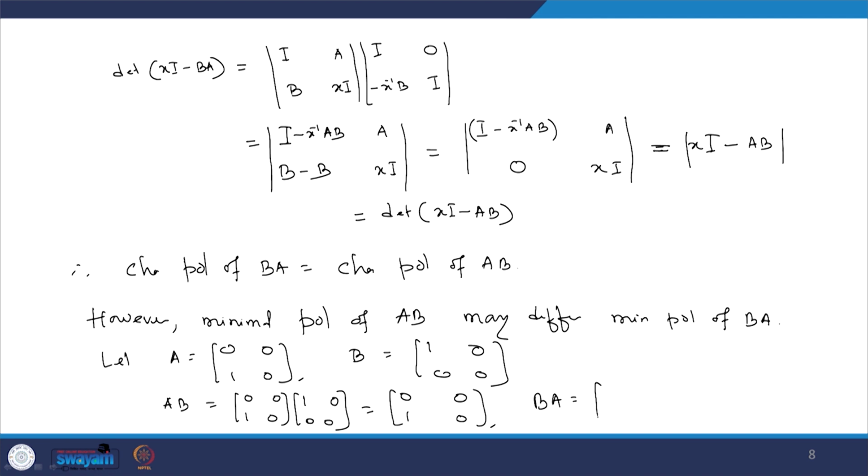BA equal to [1 0; 0 0] into [0 0; 1 0], so this is equal to [0 0; 0 0]. So, certainly the minimal polynomials of AB and BA will be different, because BA equal to the zero matrix. So, x equal to 0 is the minimal polynomial for BA, but for AB it is not true.